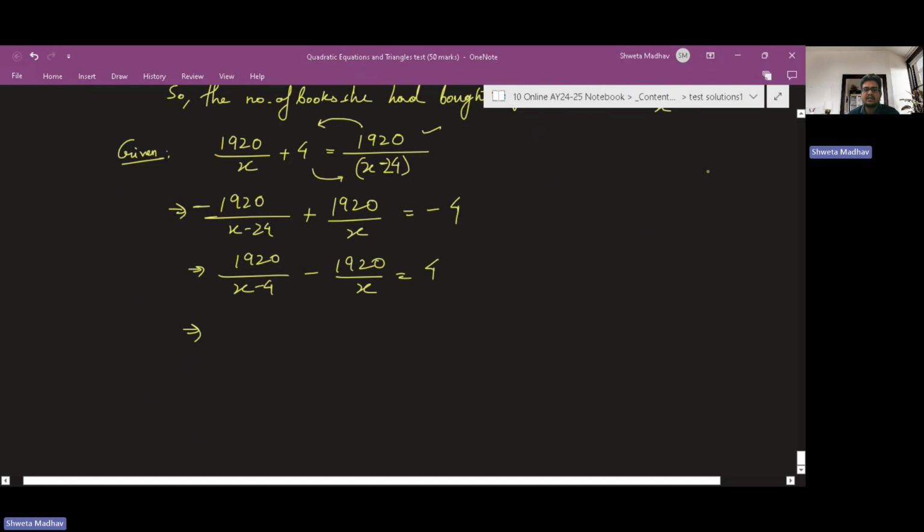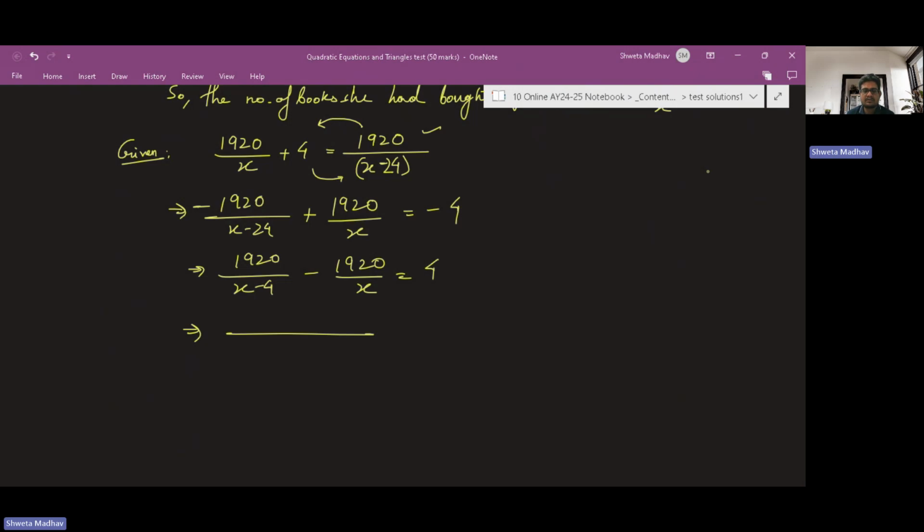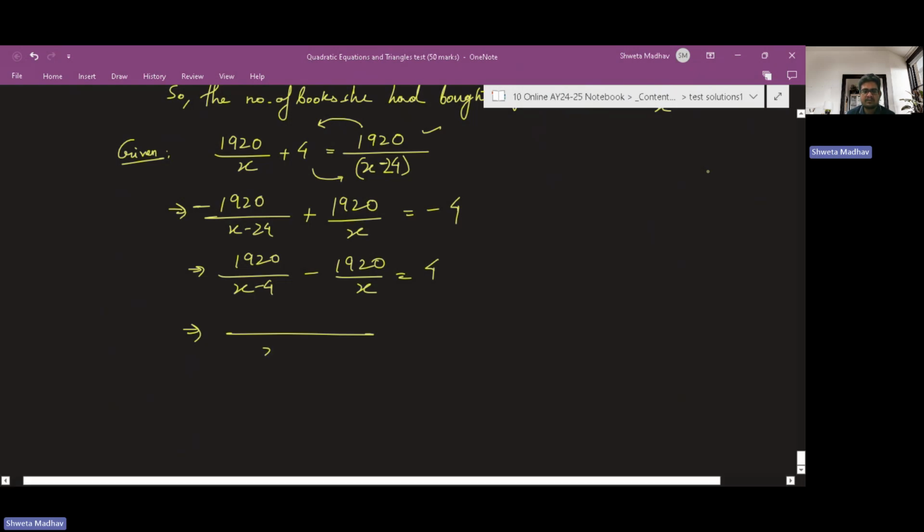So therefore, we can take the LCM of the denominators. If you take the LCM of the denominators, that will be x into x minus 4. That will be equal to 4 by 1920.